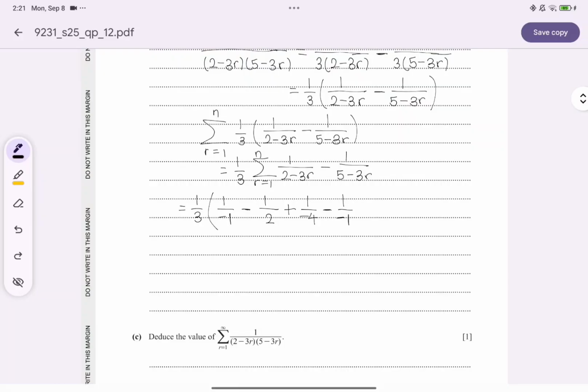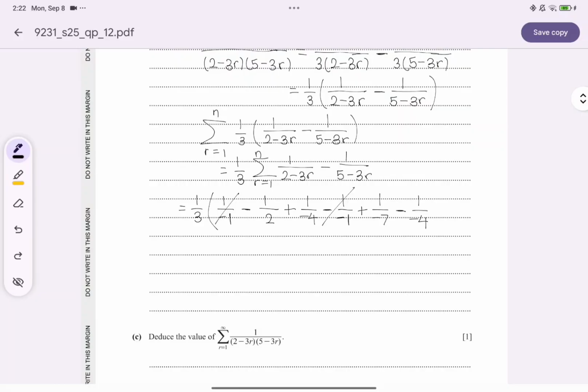Okay, so as you can see, this and this cancels out. And now let's continue for r equals 3 and find the corresponding terms. So 1 over 2 minus 3 times 3, that would give you 1 over minus 7, and then minus 1 over 5 minus 3 times 3, that would give you 1 over negative 4.